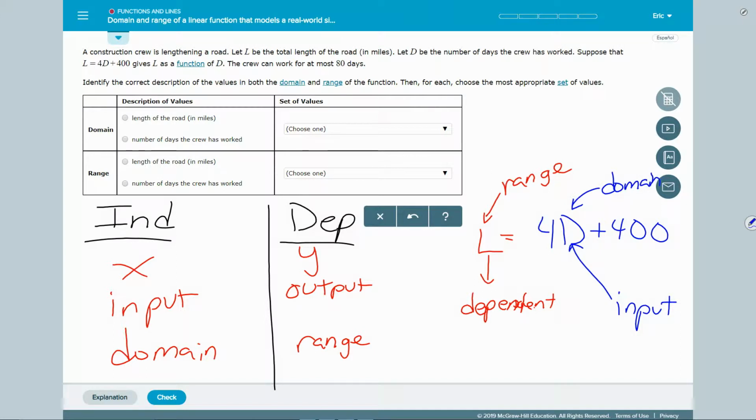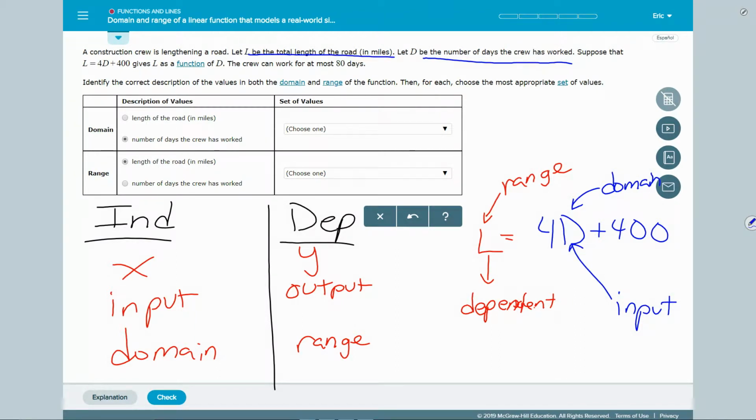So answering the domain question, we already know the domain is going to be our D, which is the number of days the crew has worked. Thus, our range is going to be the length of the road in miles.